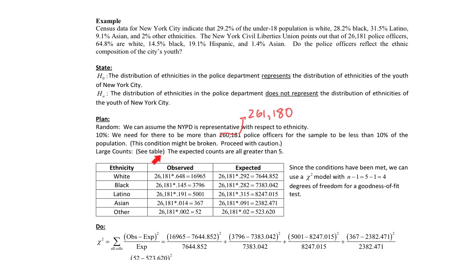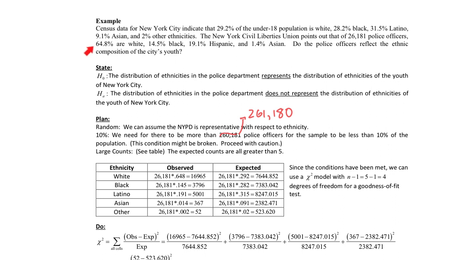So you can see the table, the expected counts are all greater than 5. So these are all of my expected counts. They're all greater than 5. So you actually have to do the calculations and make sure that they are there. All right, so here's the thing. In our observed, we went ahead and calculated all of the proportions.